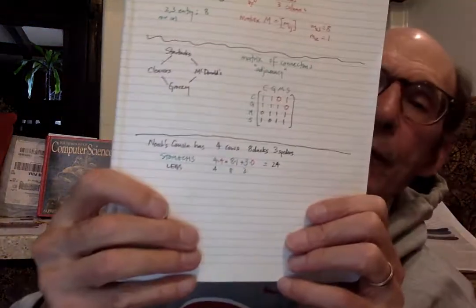Okay. And then we were going to ask about legs, and I'm going to do legs the same way. Because I'm thinking about how this data is organized, I'm not writing it down in the order that I'm going to calculate it. I'm organizing this calculation. So we still have the same number of cows, ducks, and spiders, 4, 8, 3, color-coded the same way.